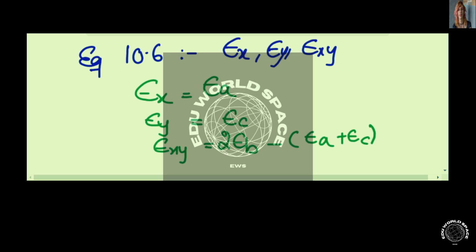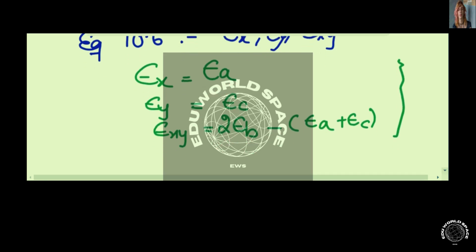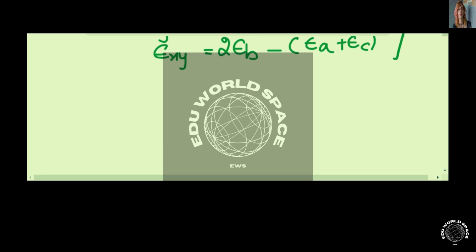Right, now we are going to substitute these given values into these equations, right? And we'll get our values, right?